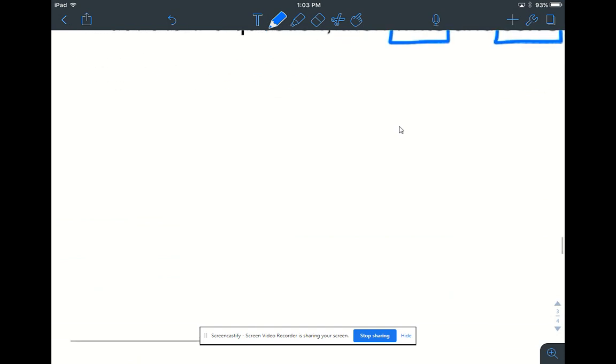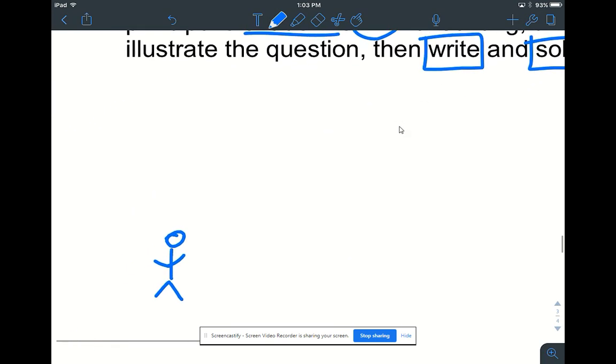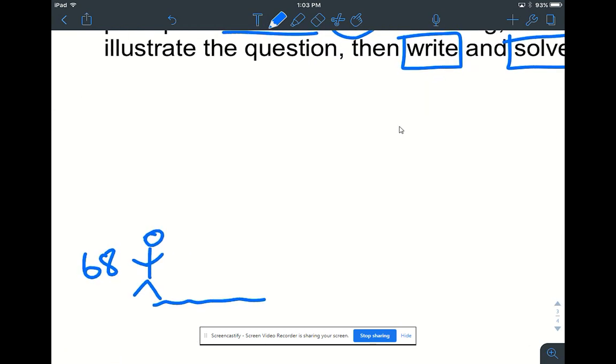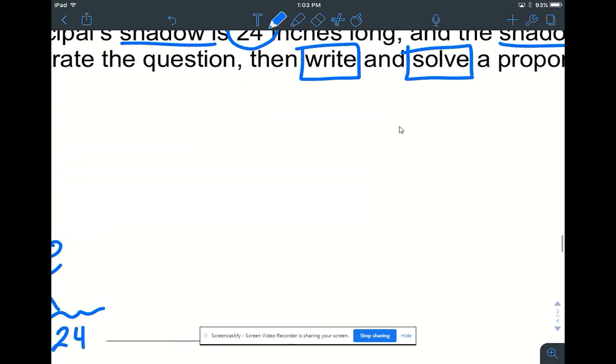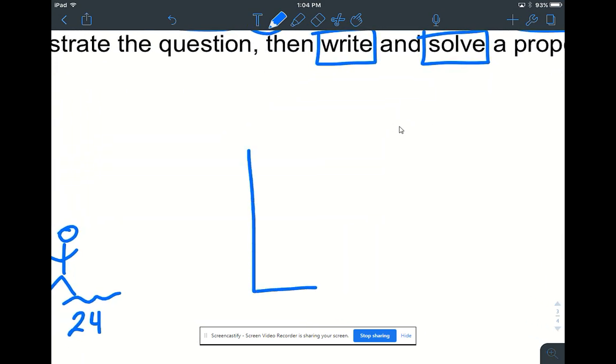We're going to have a blue little principal over here. He was 68 inches tall. And his little shadow down here is 24 inches. And then we've got a school. So we'll draw this big old school.